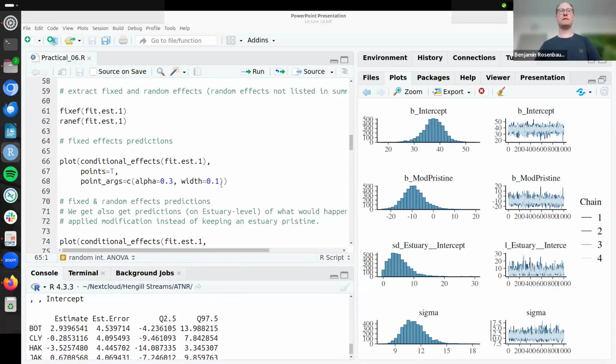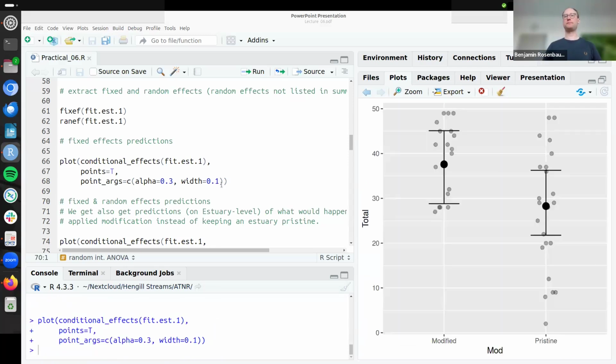Okay, we haven't looked at convergence, but we haven't looked at how well the model fits the data. Again, we can use the conditional effects plot to do this. However, here we only get a display of the fixed effects part. So this is the marginal effects plot.